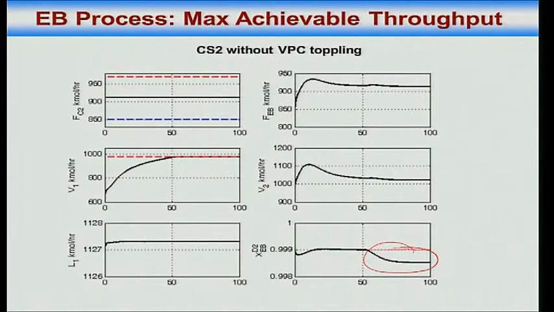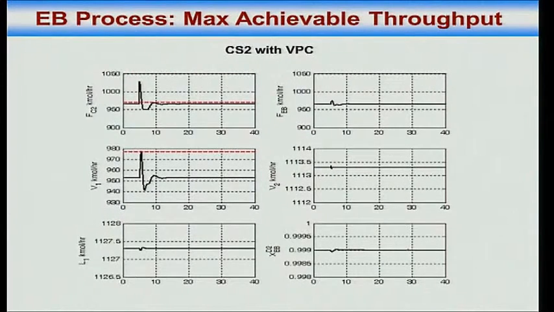Then when you put in the VPC, sure, maximum achievable is 970, I believe. Okay, this is the maximum achievable. You are actually slightly below. Why are you slightly below? Because there is a transient in the boil up in column 1.